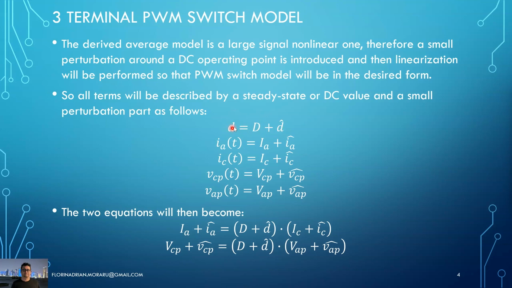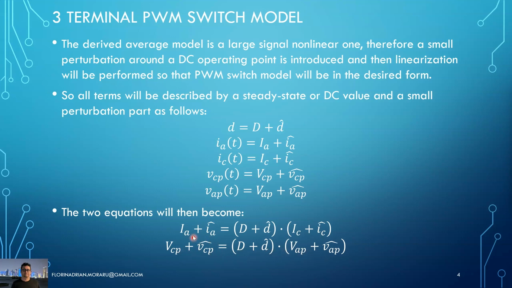So the duty cycle D will be a capital D, which is the steady state value, plus a hat d, small d, which is the perturbation. And we do the same for all the other variables, currents through the terminals and voltages. So now if we rewrite the two equations above, we will have something in this form.